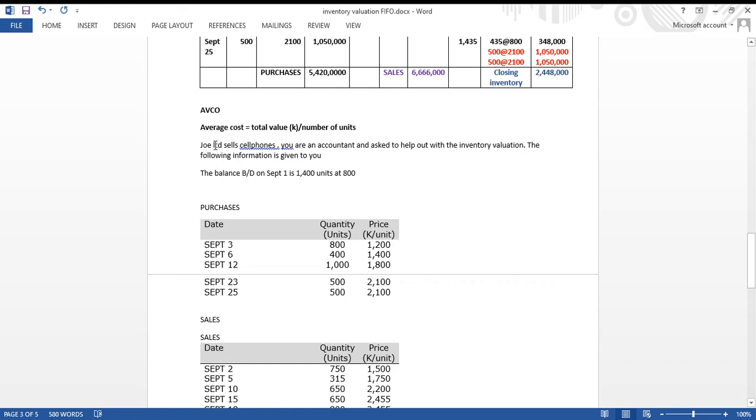So you still have this same question: Joe Limited sells phones. You're an accountant and you're asked to help out with the inventory valuation. The following information is given to you. The balance on 1st September is 1,400 units at 800.